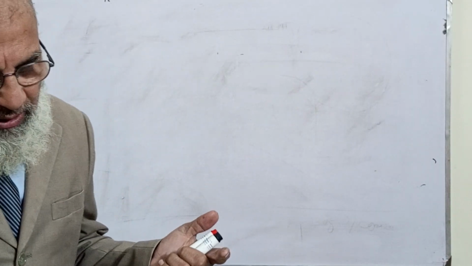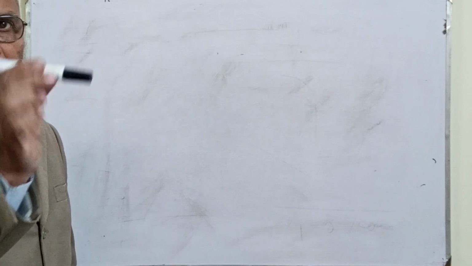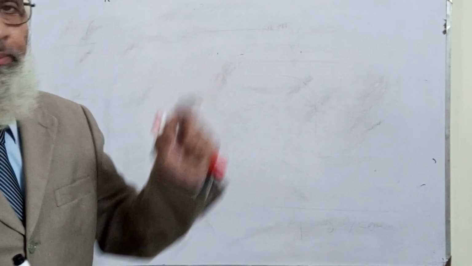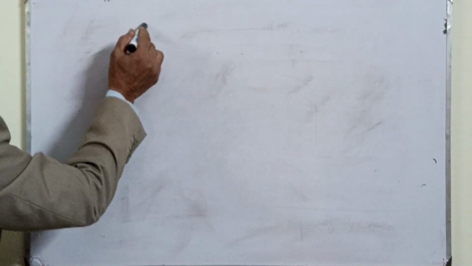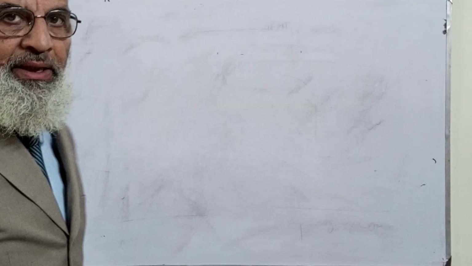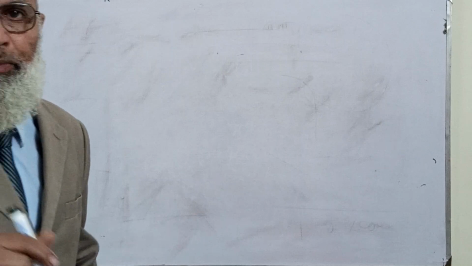For example, this is a dart, and he hits the dartboard on which numbers are given. 100 bullseye. What is a bullseye? You know what a bullseye is?